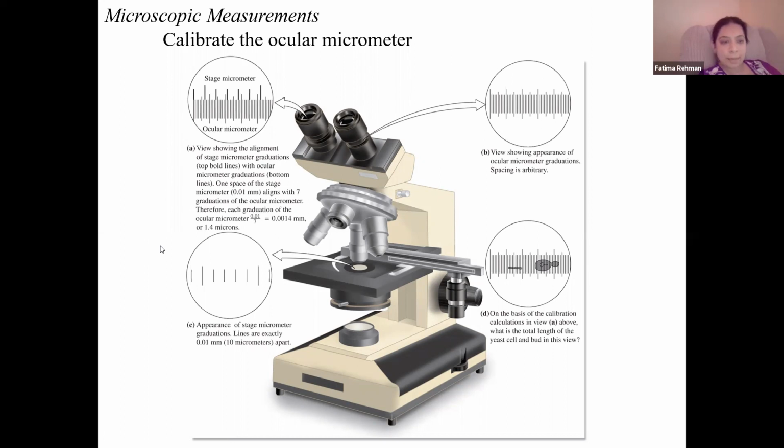Anyone want to take a stab at it? Why wouldn't the ocular micrometer change when we look at it under various magnifications here?